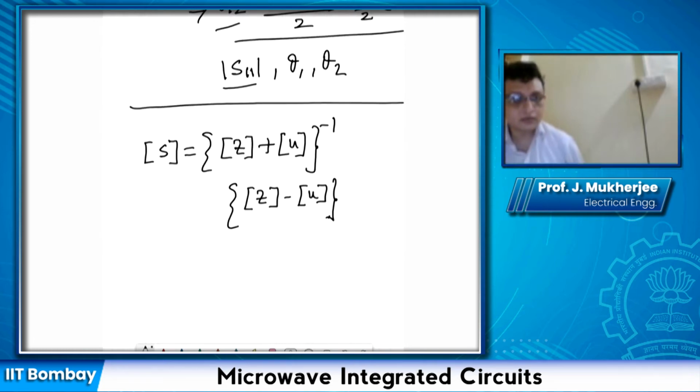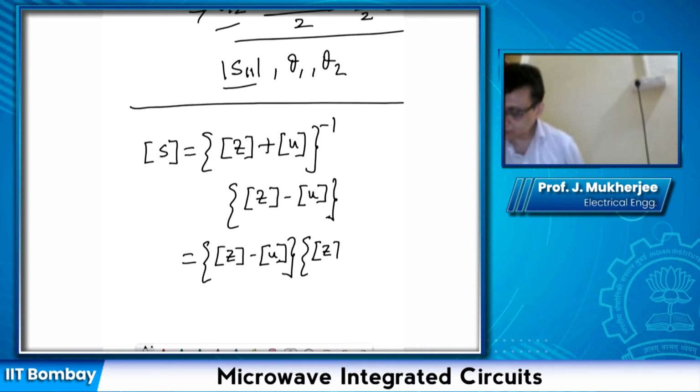Okay, and another relationship was... Okay, so using these two relationships, we can find out S parameters if we know the Z parameters.